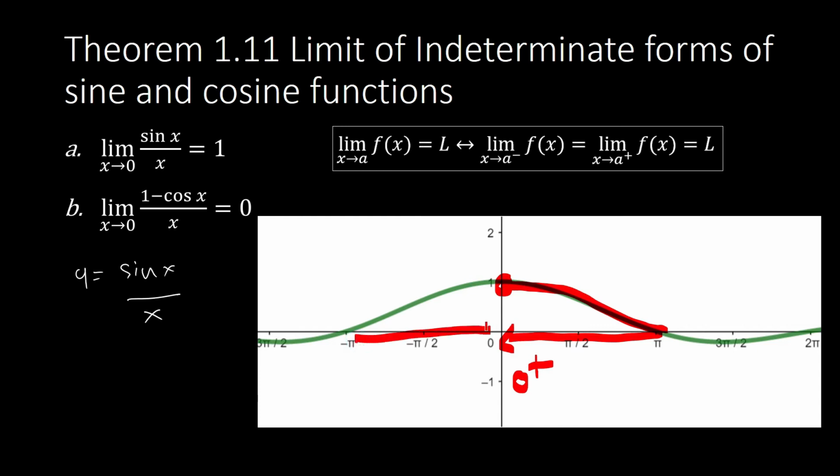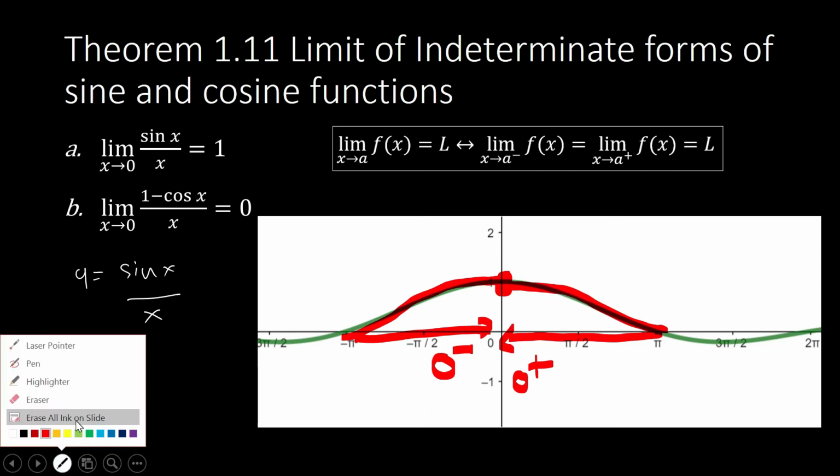As x approaches 0 from the left, the value of our function approaches the same point, which is also 1. Conclusion: the limit exists and is equal to 1 because the one-sided limits are equal to the real number 1. That is how you reason when you use one-sided limits to establish the existence of limits.